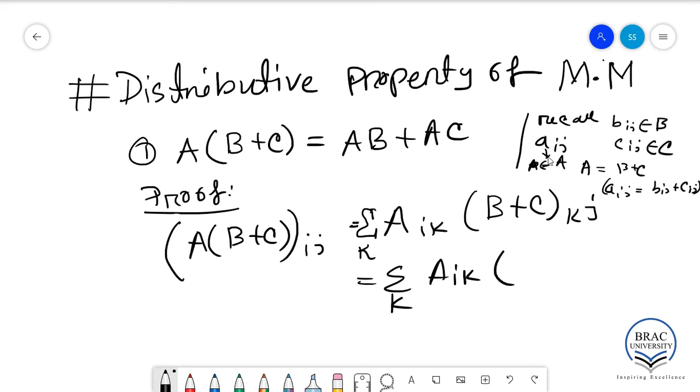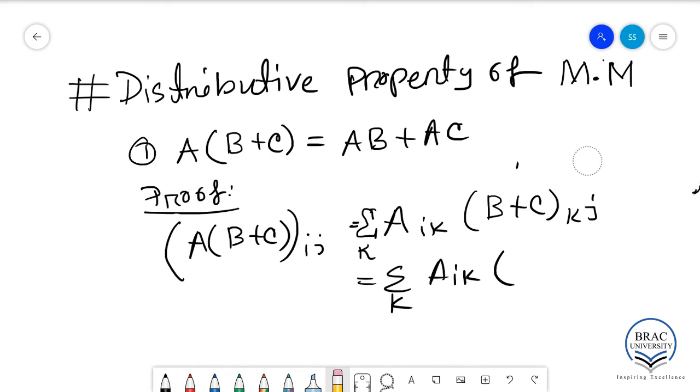So we're going to use that. So this is kj and this is just Bkj plus Ckj.